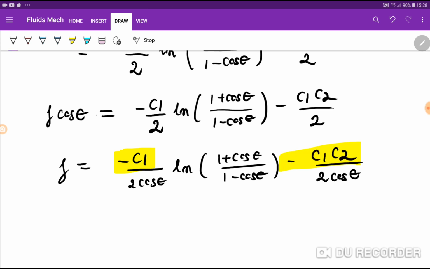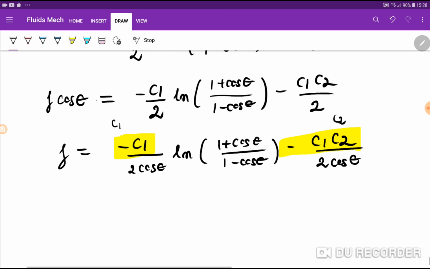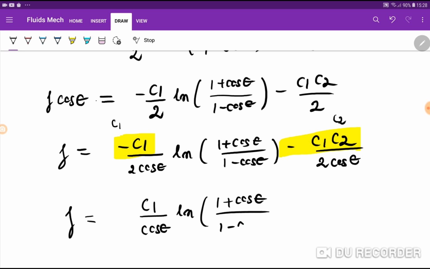And negative c1 c2 is also a number, but a different number than negative c1. If you're not sure, you can keep this, but if you want to reduce it further, it would be C1 over cos theta times ln of (1 plus cos theta) over (1 minus cos theta), plus C2 over cos theta.